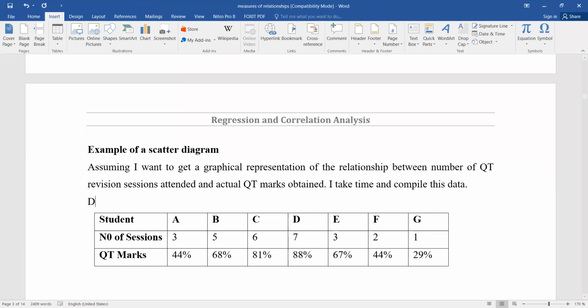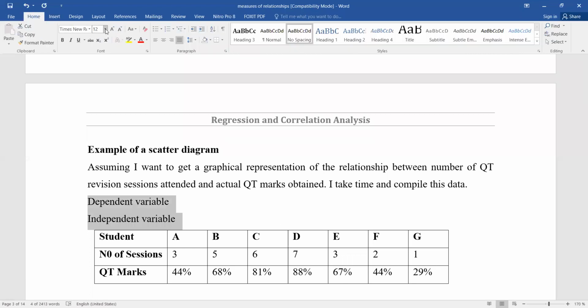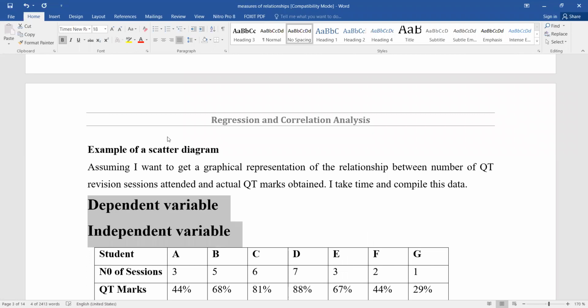We have what we call the dependent variable, and we have what we call the independent variable. So the most important thing is for you to identify what is the dependent variable and what is the independent variable.